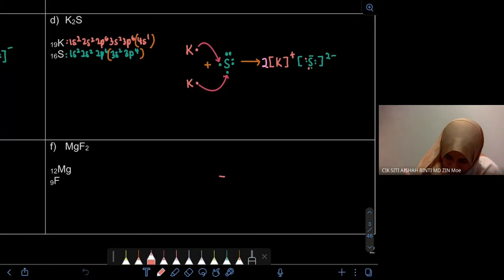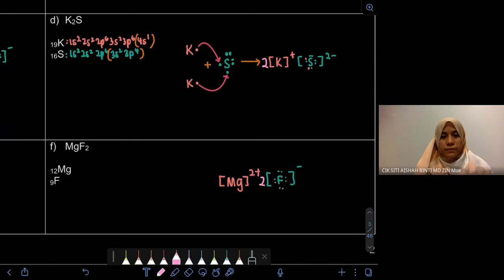Ni Mg. Produk dia, sini akan jadi 2 plus. F ni dia akan jadi F 1, 2, 3, 4, 5, 6. Kiranya kalau kita lukis skala tu, so dia akan jadi sini minus depan ni yang 2. Okay.